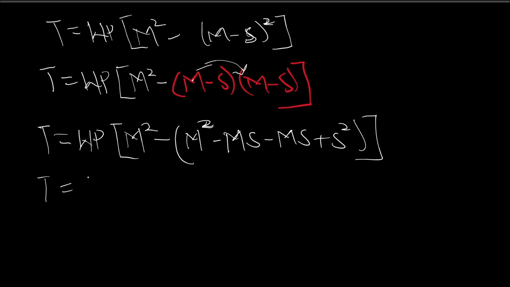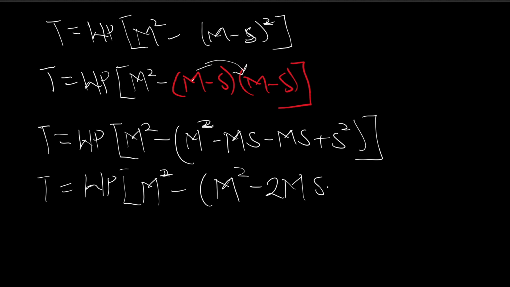Now our T will be WP multiplying M squared minus M squared minus MS minus MS is minus 2MS plus S squared.